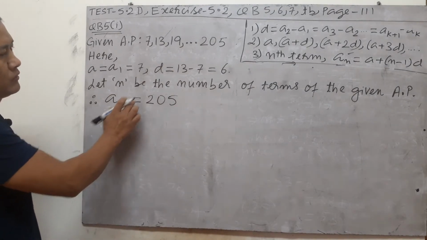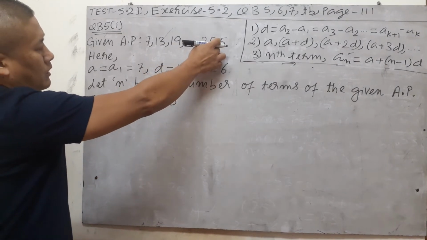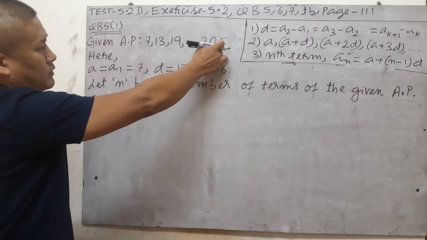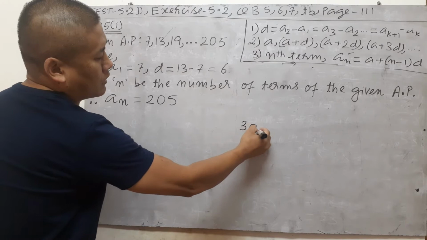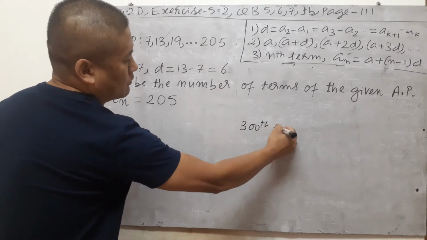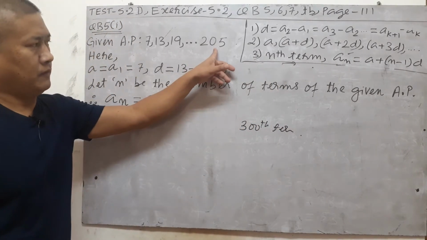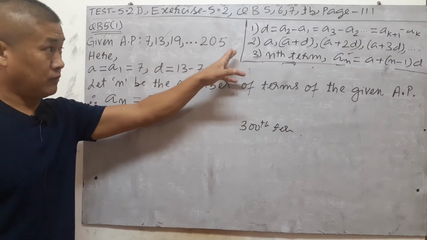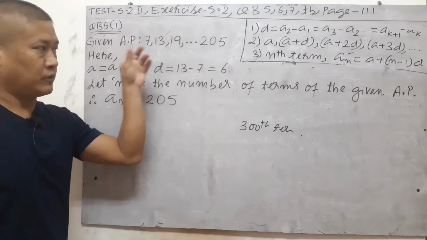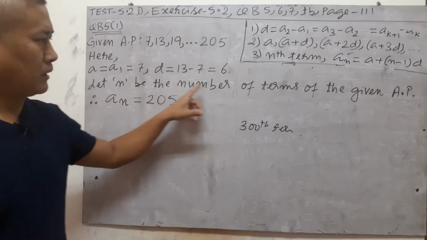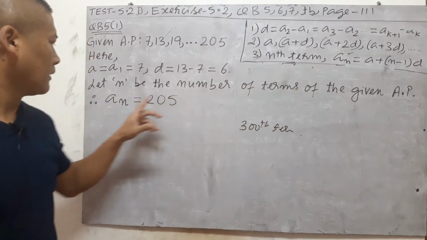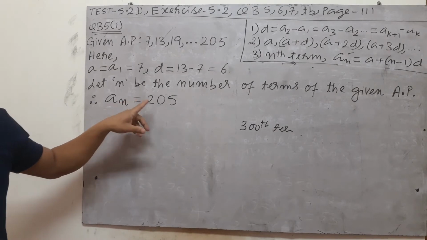Let us say the last term is the 300th term. If 205 is the 300th term, that means there will be 300 terms, right? Because 205 is the last term. Because we have said let n be the number of terms of the given AP, we can therefore write an equal to 205.